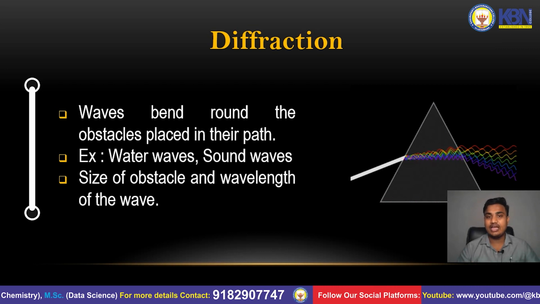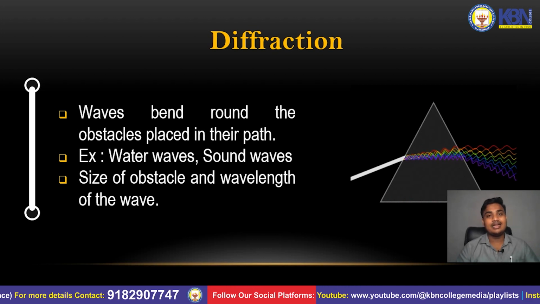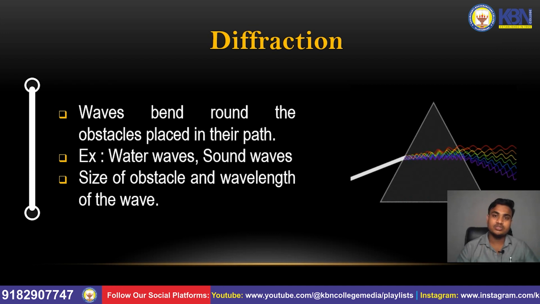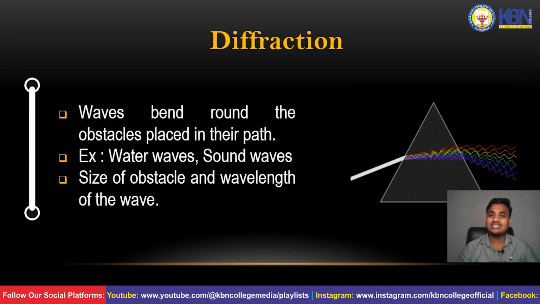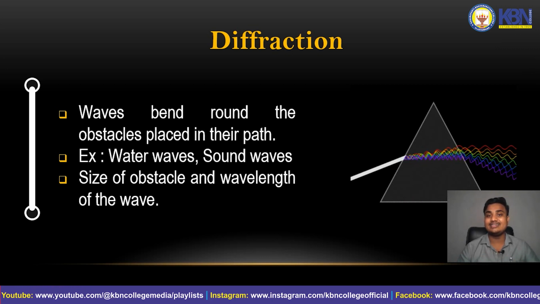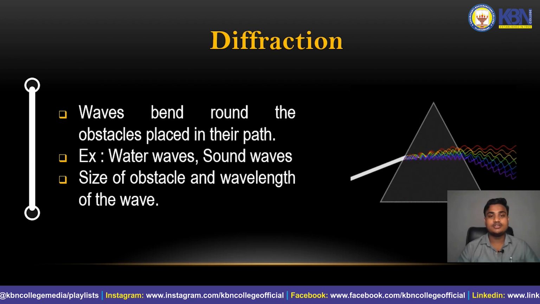This happens in sound waves also. The amount of bending depends upon the size of the obstacle and the wavelength of the light, or the wavelength of the wave if it is water waves.